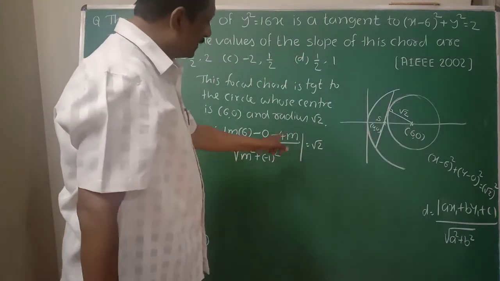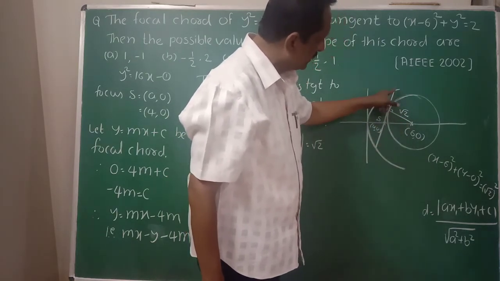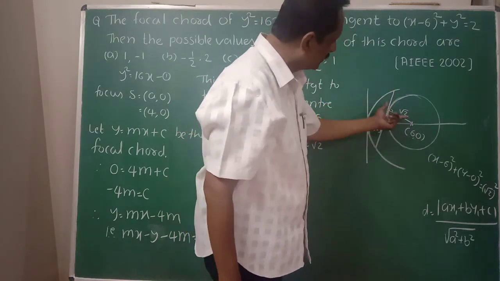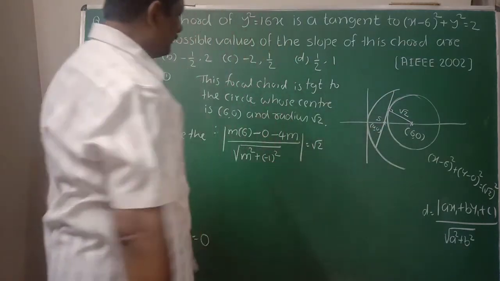This is the length of the perpendicular from the center to this line, as well as the radius; both are equal.